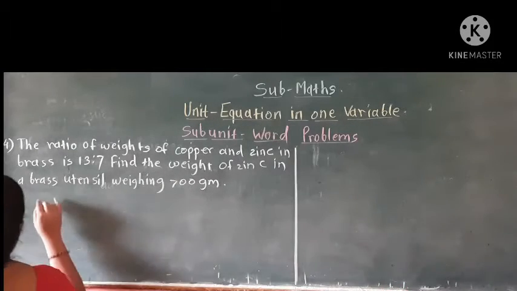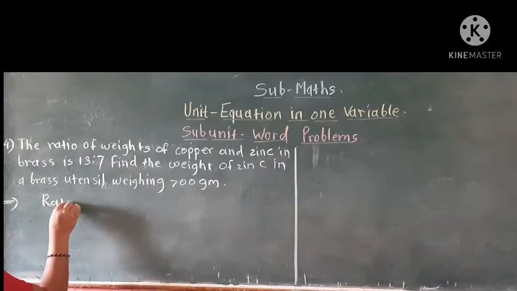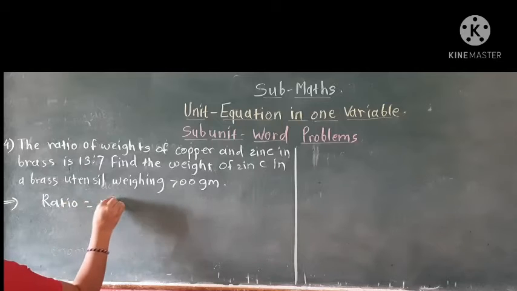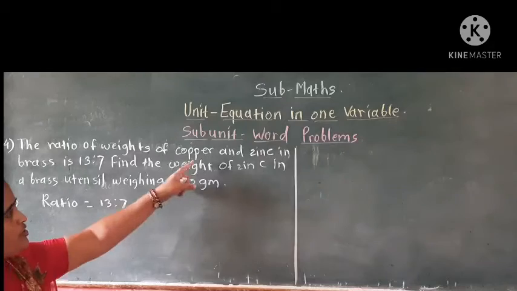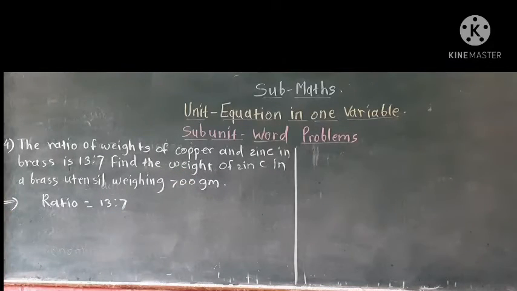Okay, the ratio is 13:7. We don't know the actual proportion of copper and zinc present in the utensil.